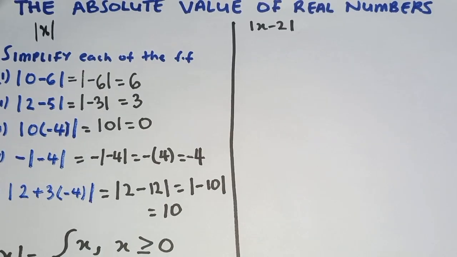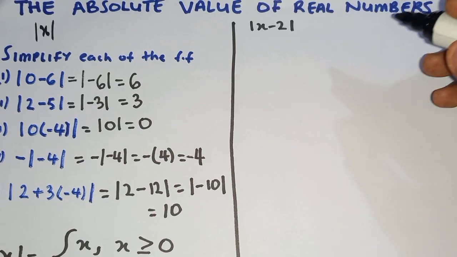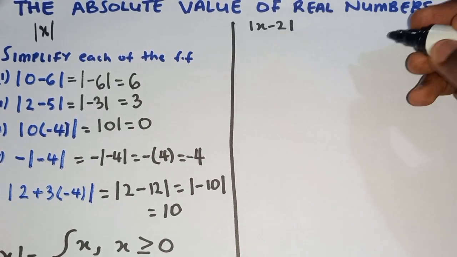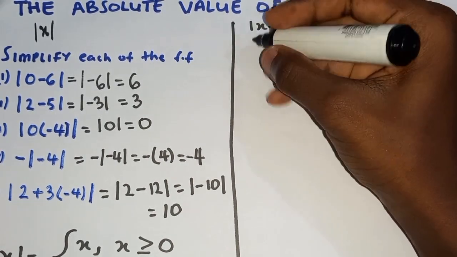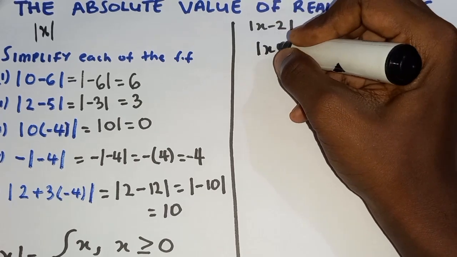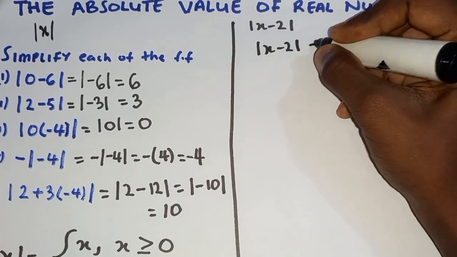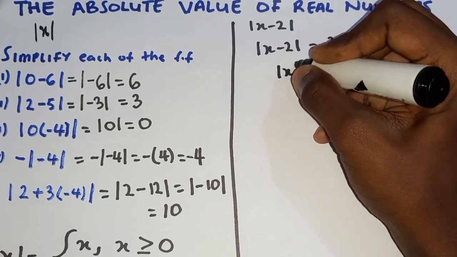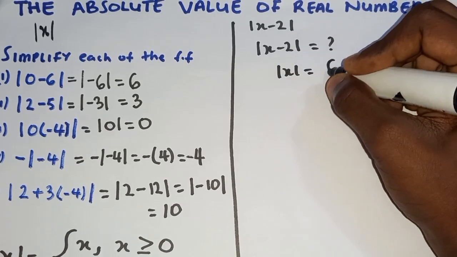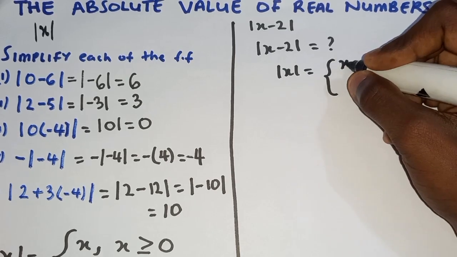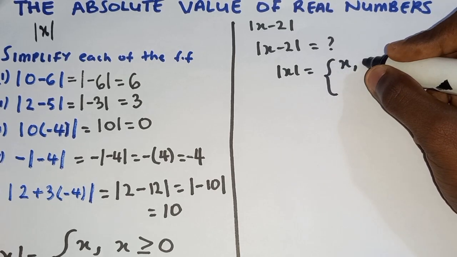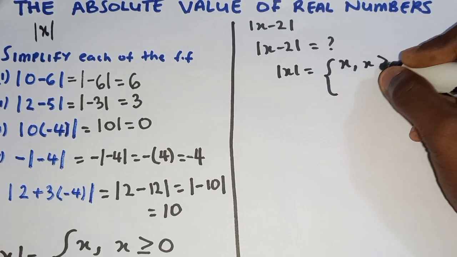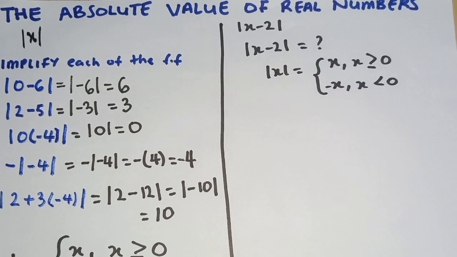In case you're told to find the absolute value of this expression, just come here and write the question back again, which is equal to what we don't know. But we know that the absolute value of x is such that it is x when x is greater than or equal to 0, and negative x when x is less than 0.